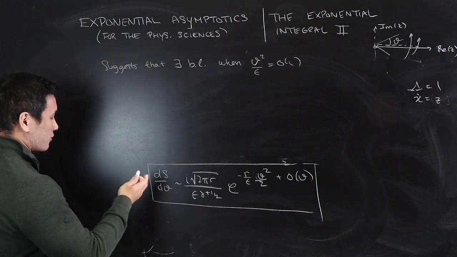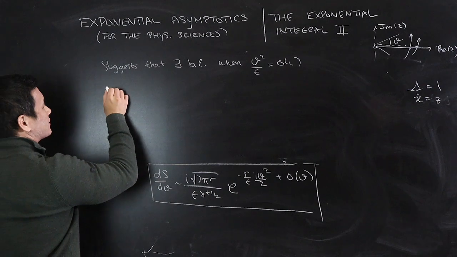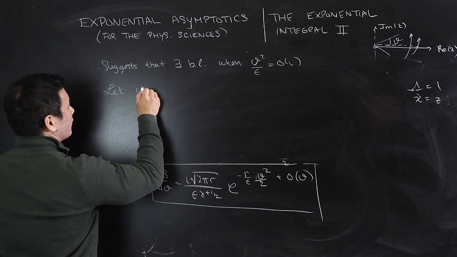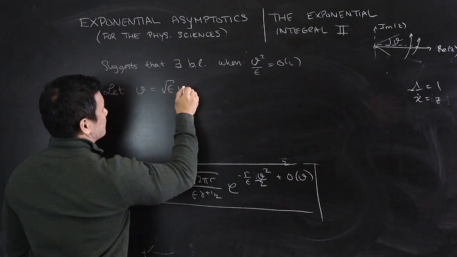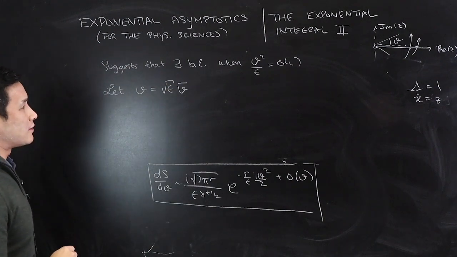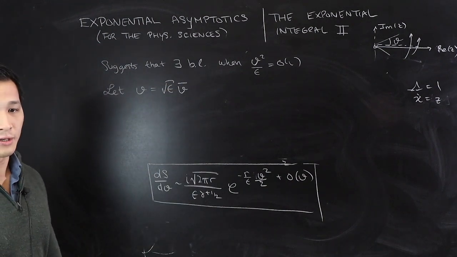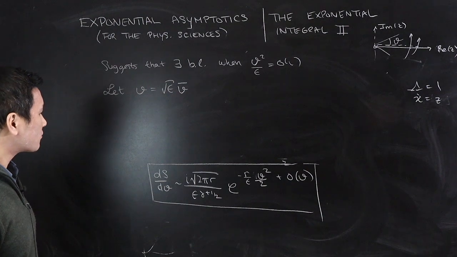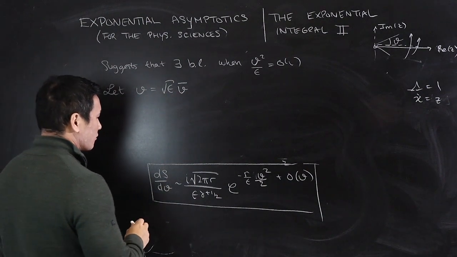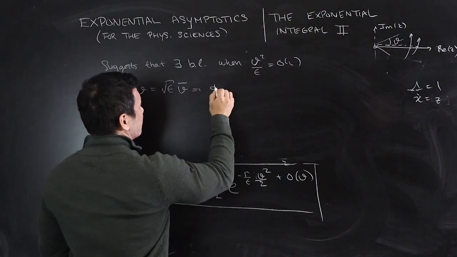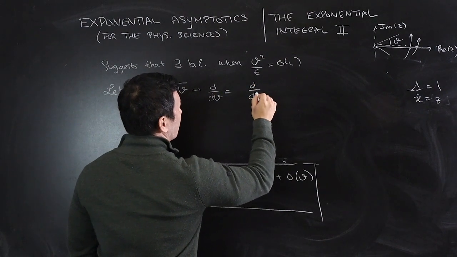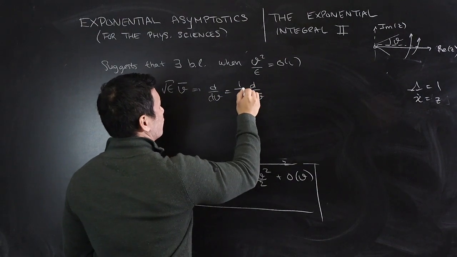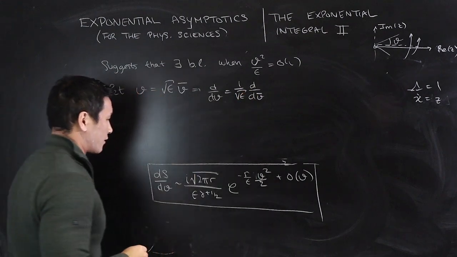And so you can then rescale everything. So let's let theta be root epsilon times a new theta, theta bar, and zoom in near that region, near the axis, right? And so then d d theta is basically d d theta bar, and then I have a 1 over root epsilon scaling from there.